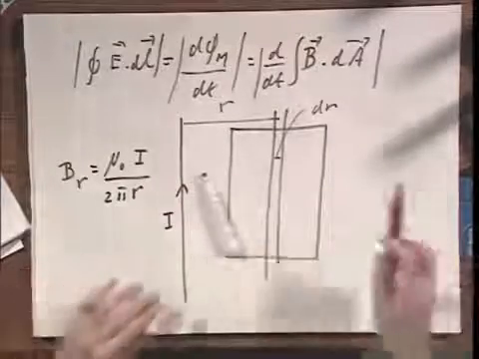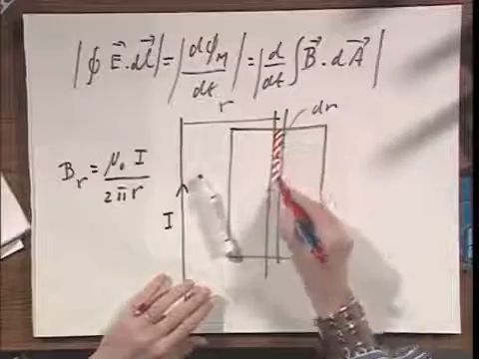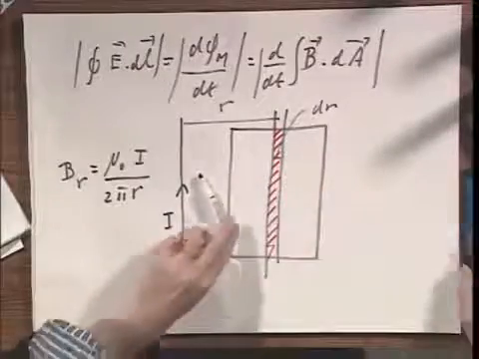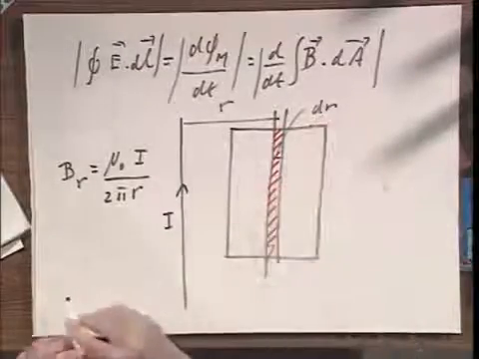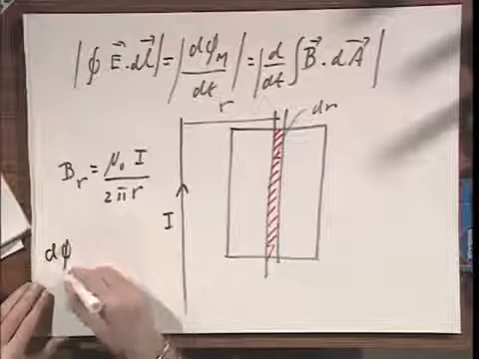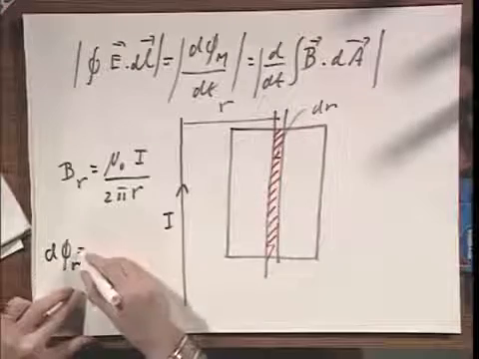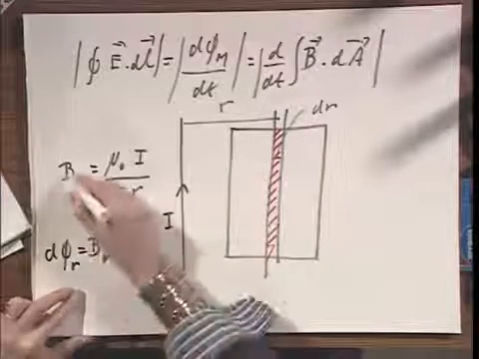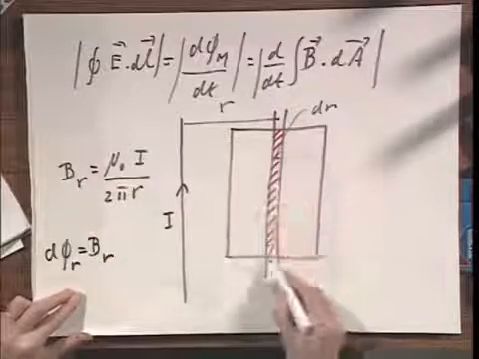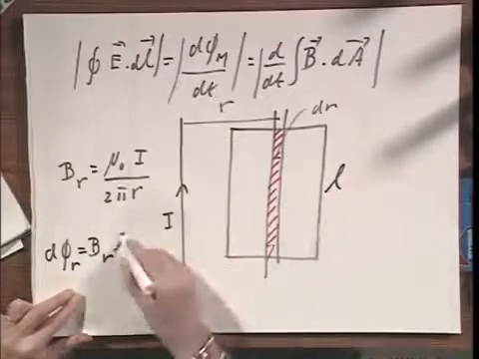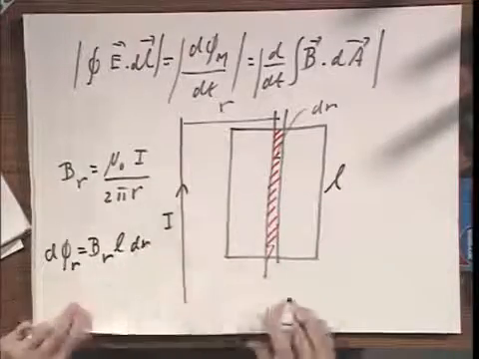So the teeny weeny little magnetic flux going through this small narrow ribbon, of width dr, that dφ at location r, is the magnetic field times this surface area, since this was L, which is L dr.